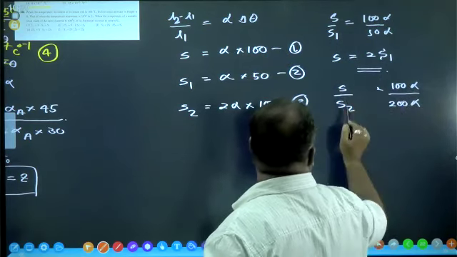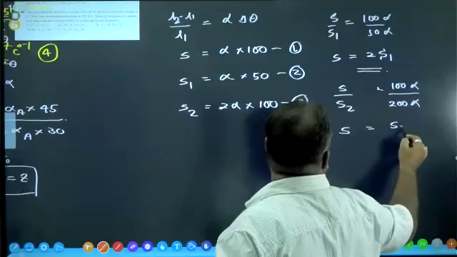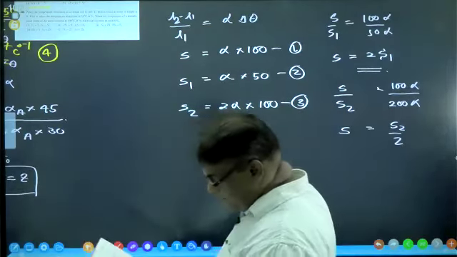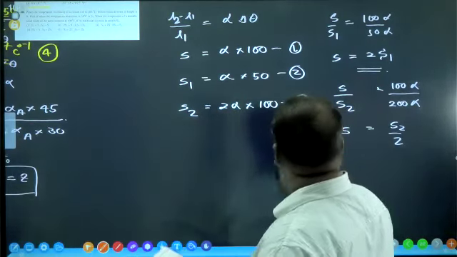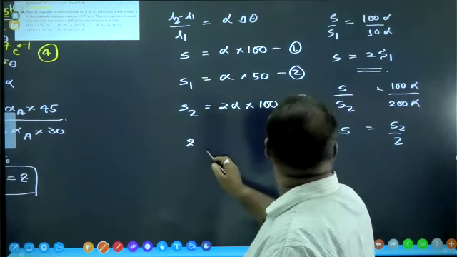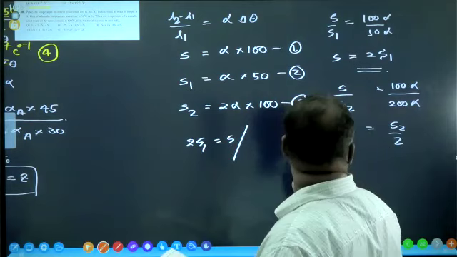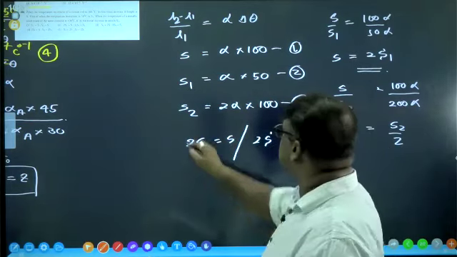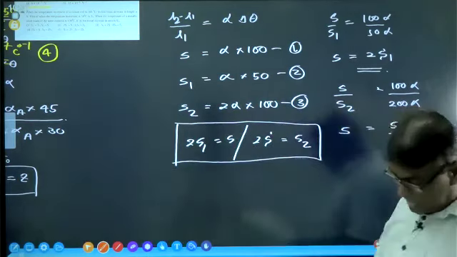It's 1 and 2 here, so S becomes S2 by 2. So 2 S1 equals S, and 2 S equals S2. This should be the correct answer. Mark the correct answer.